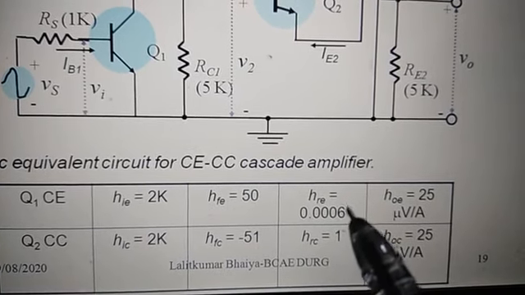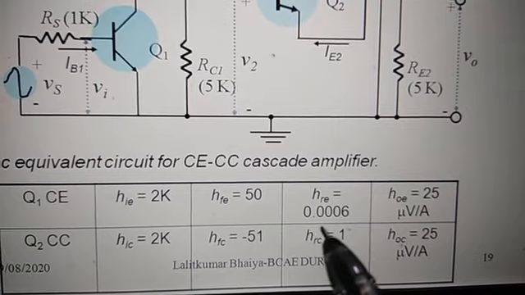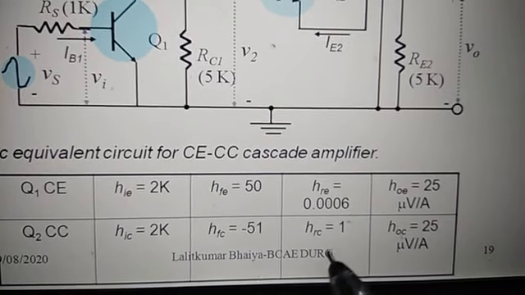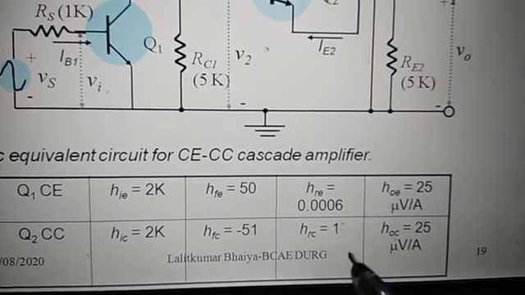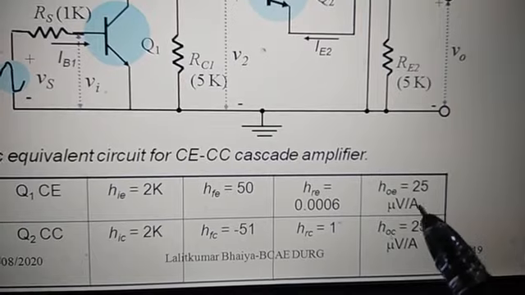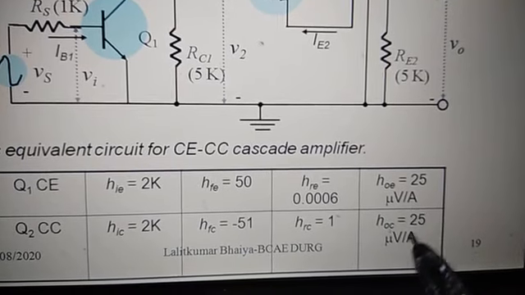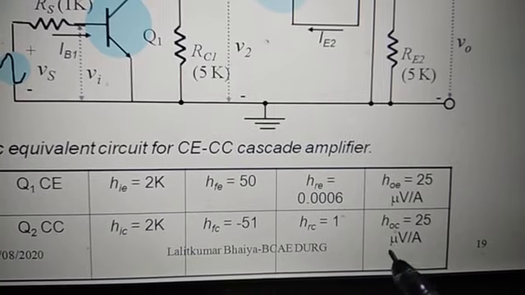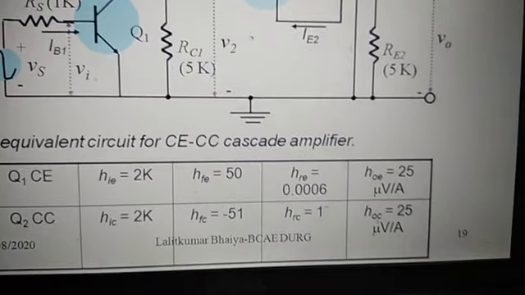HRE is the reverse voltage gain of the common emitter, 0.0006. And HRC is the reverse voltage gain of the common collector, that is 1. HOE is the output conductance of the common emitter, 25 microsiemens, and HOC is the output conductance of the common collector, 25 microsiemens.